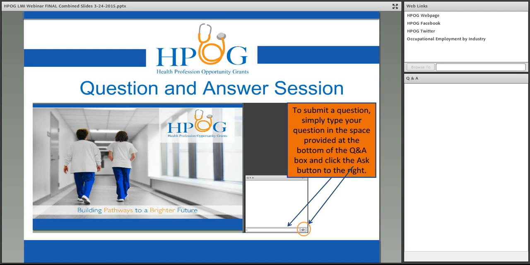So that would unfortunately require a little bit more follow-up work than the standard IPEDS data readily makes available.